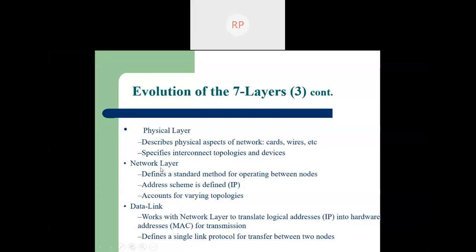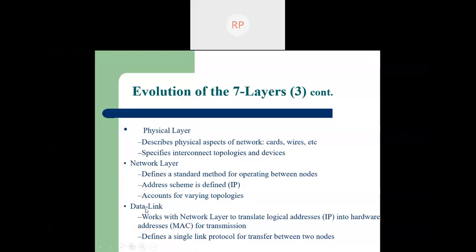It defines a standard method for operating between nodes. It also provides the addressing scheme, which is nothing but IP, and it also accounts for varying topologies. So this is the network layer, and at the end it discusses the data link layer.